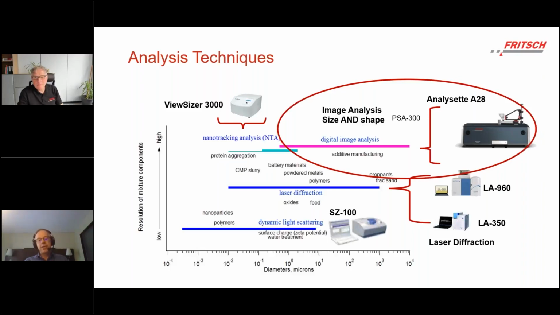And because you're analyzing particles one by one, you get very high resolution size distributions. So this is kind of where we're operating today, this upper right corner, with bonus shape information. We do also have offerings and webinars as you move around this graph, just not today.